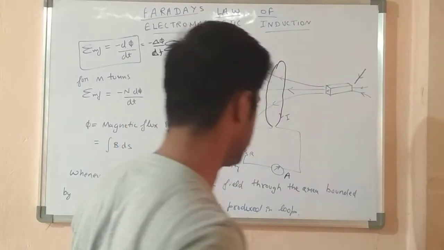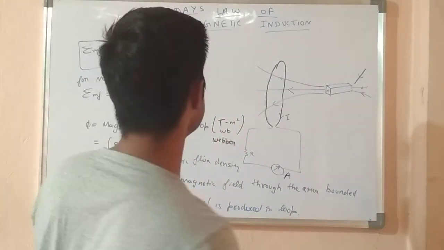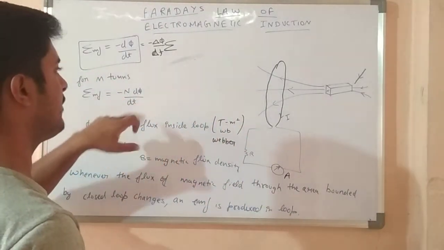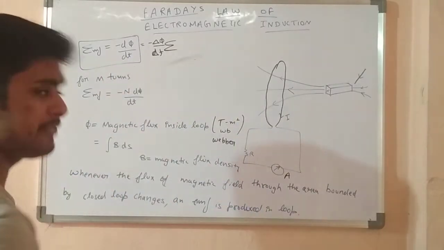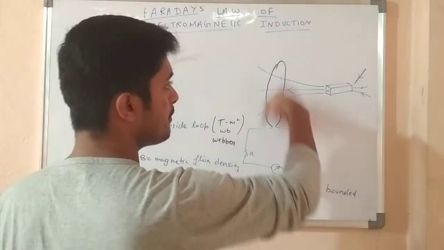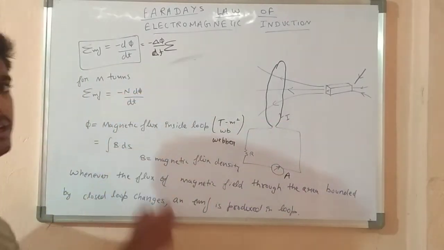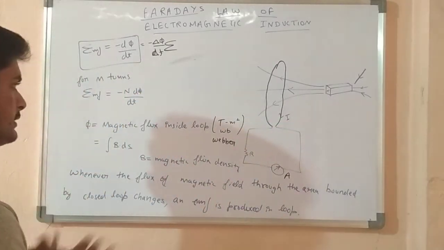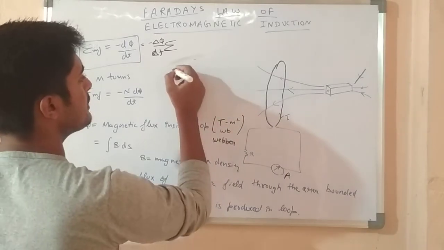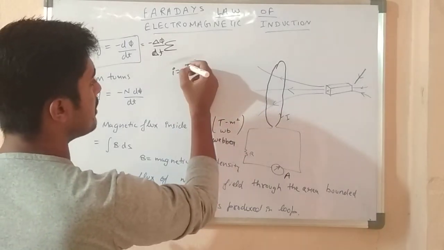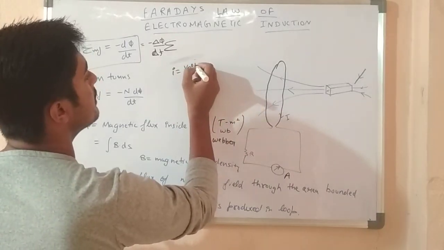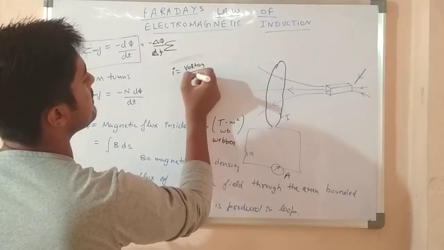I hope you understand. This is the EMF. EMF is minus n d phi by dt. For 1 turn it is minus d phi by dt. But if there are n number of turns, then it is minus n into d phi by dt. And using Ohm's law, current is equal to voltage by resistance.